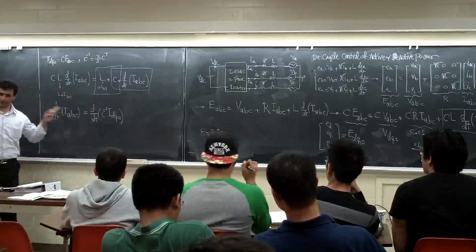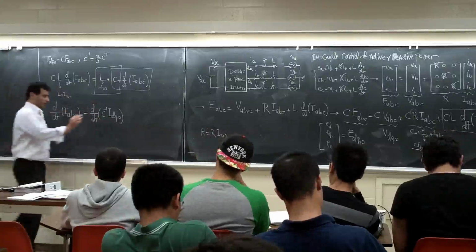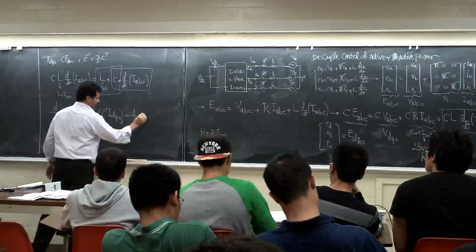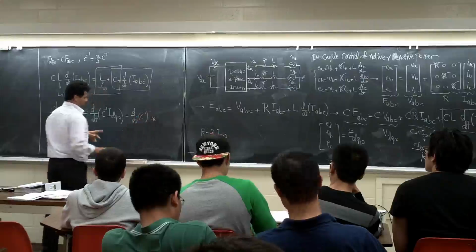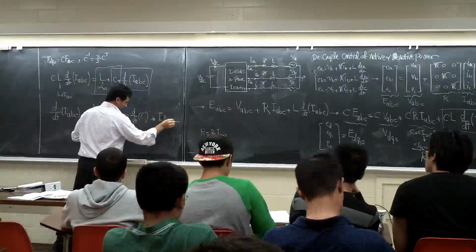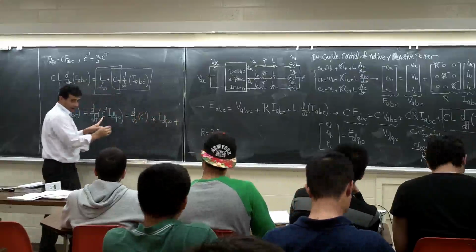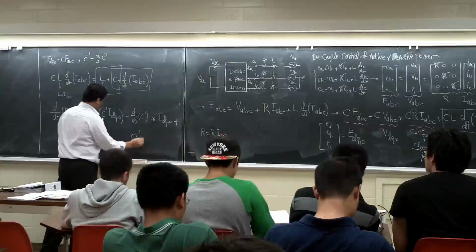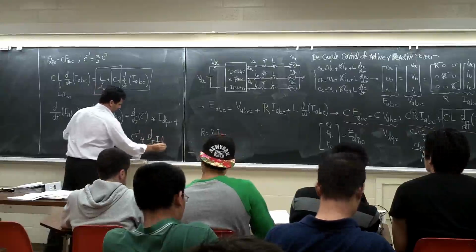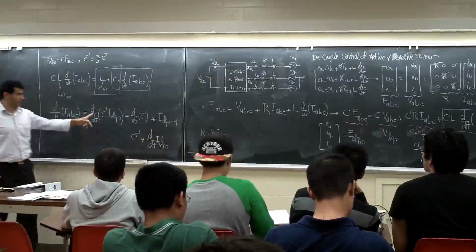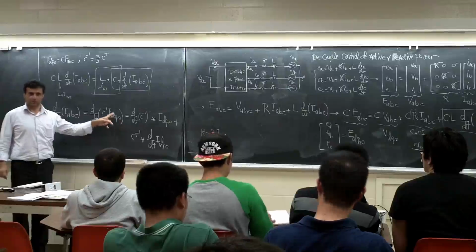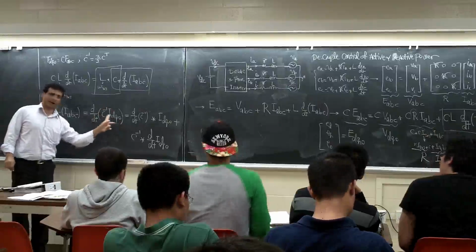If I want to calculate the d over dt of this one, it's going to be d over dt C minus times IDQO, plus C minus times d over dt IDQO. Derivative of this one times this, plus this one times derivative of this one.